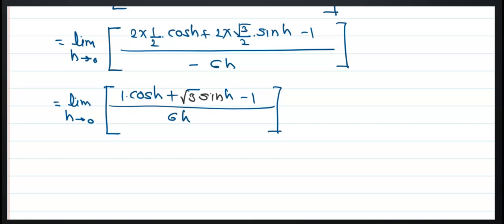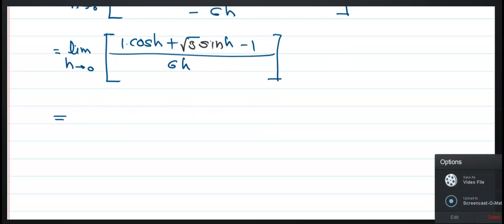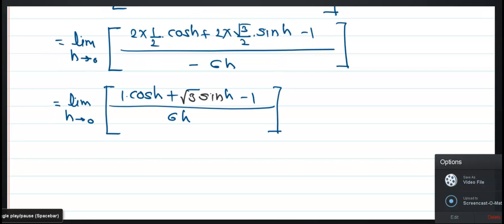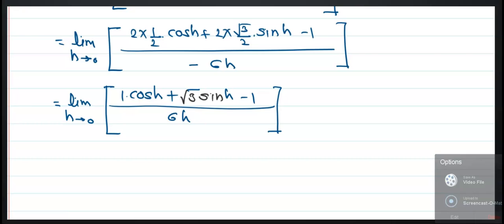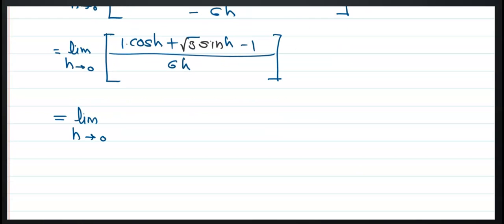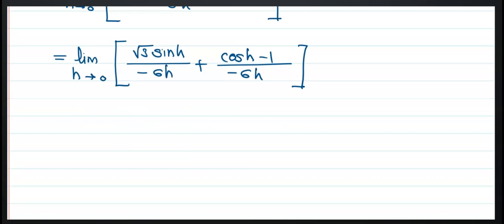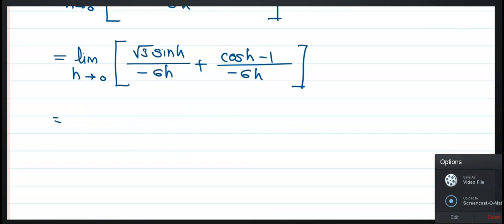Now next is cos h plus root 3 sin h minus 1 upon minus 6h. Next is, I think that there is a minus 6h, and in the next that is root 3 sin h upon minus 6h plus cos of h minus 1 upon minus 6h.